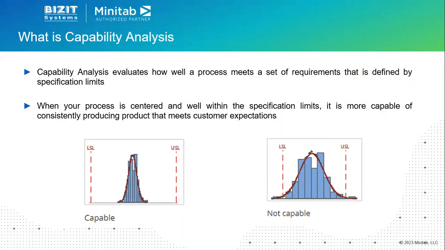Of course, if you ask all the engineers, they want to see this side: it's capable, centered, and within the spec limits. But on the other side, you will see not capable, where maybe 5% of your product will be out of spec.